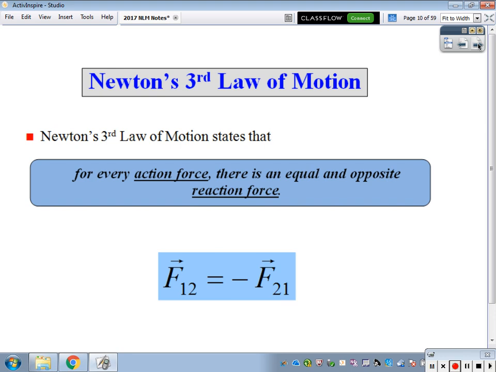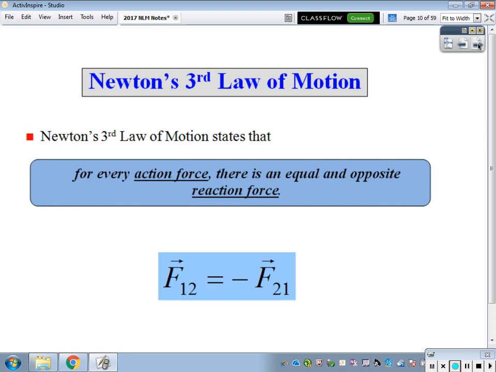Now, this technically is an equation, but this is also our start into understanding a little bit of notation that we're going to use with forces. I'm going to read to you in words what that equation is at the bottom, and I'd like you to follow along with me so we can understand.